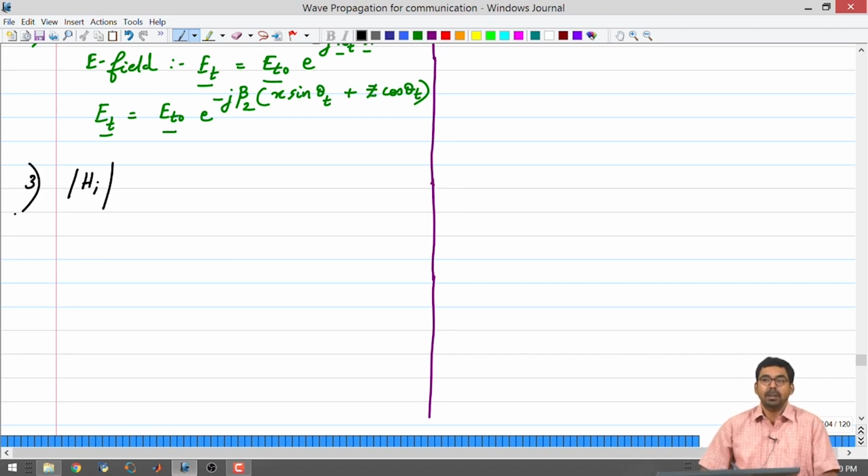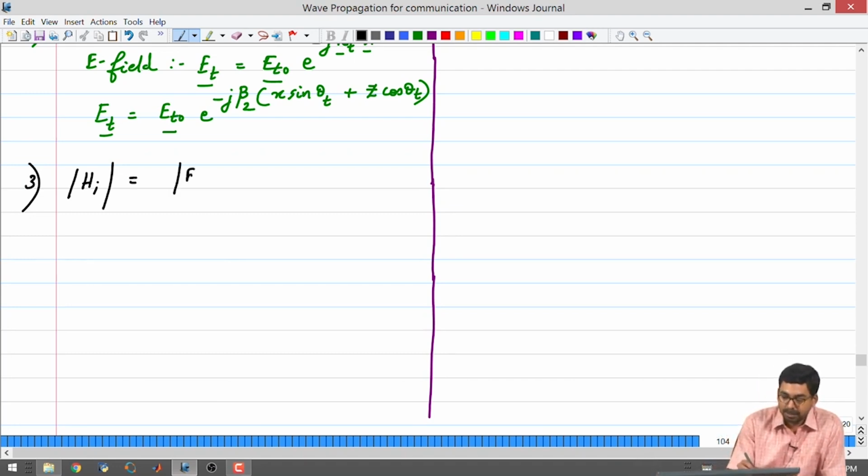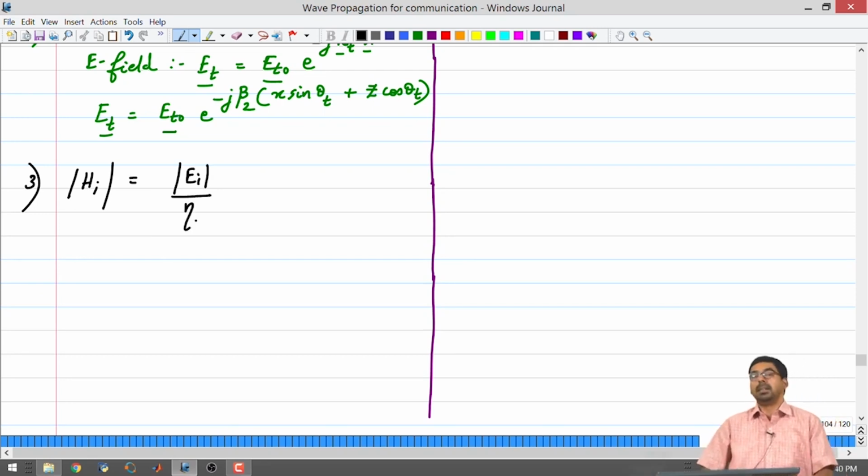Its magnitude is going to be equal to the magnitude of the electric field divided by the intrinsic impedance of medium number 1. So, I can simply say that this is going to be divided by eta. That gives me the magnitude directly. I know that it is oriented along the y direction.